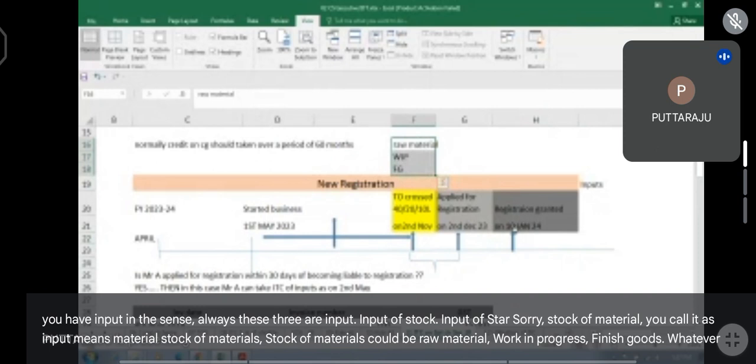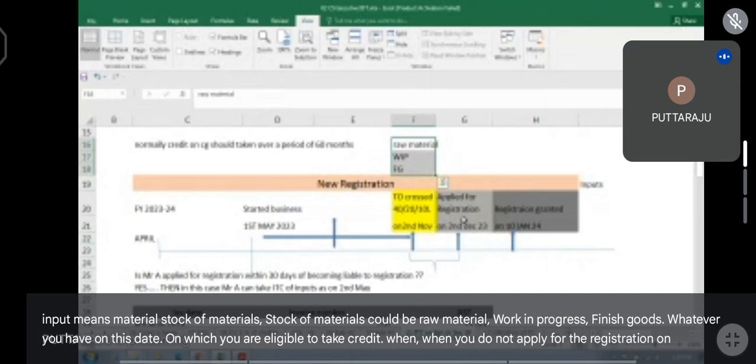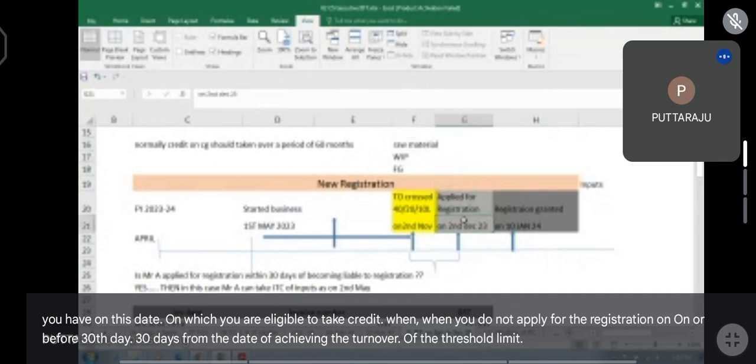Whatever you have on this date, on which you are eligible to take credit, when you do not apply for the registration on or before the 30th day from the date of achieving the threshold limit turnover. Understood?